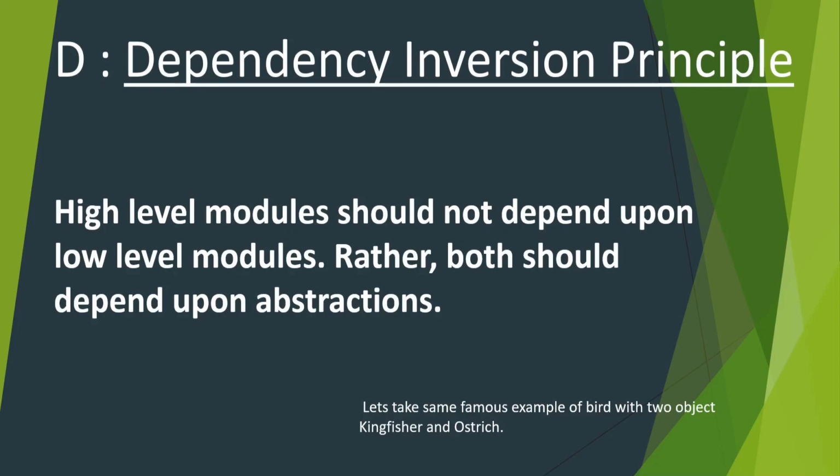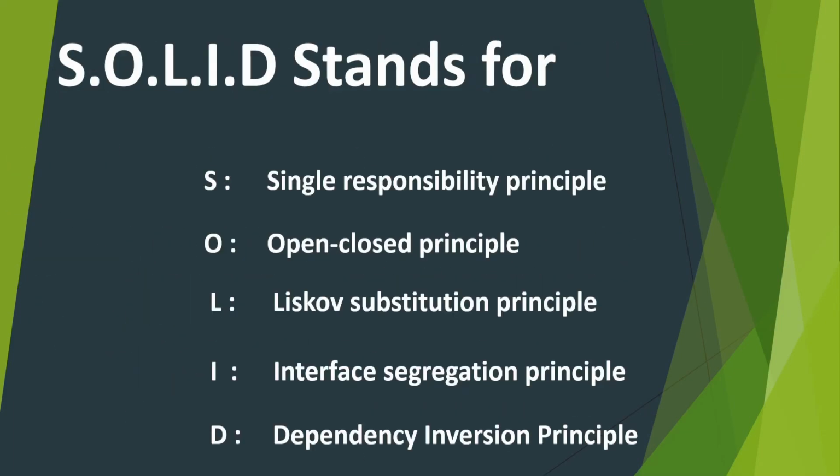It says high level modules should not depend upon low level modules; rather, both should depend upon abstractions. Abstraction is one of the concepts of object oriented programming, and it refers to the essential features without background details. You should not bother about what is going on behind the scenes, but your high level module should not depend upon the low level module. It should depend upon abstractions. Highlight this line: abstractions. So this was all about the SOLID design principles.